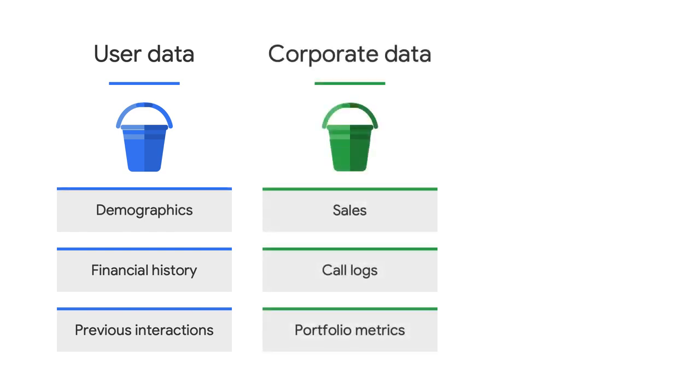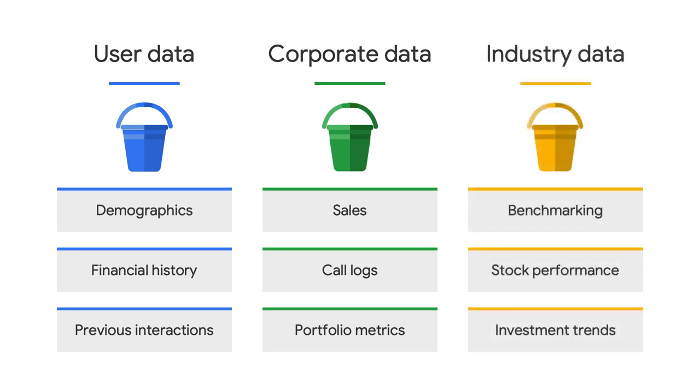Corporate data sets might include sales by financial product, sales conversation call logs, and performance metrics of financial portfolios. Banking is a heavily regulated industry, so a lot of industry data is available, including industry benchmarks. Another set of industry data is stock performance and other investment trends. Jane, her colleagues, and her competitors at other banks all have access to this data.